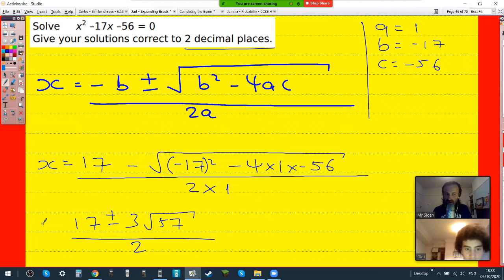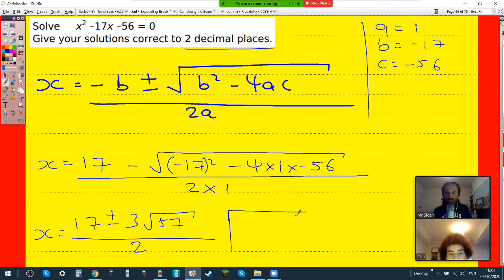The first one was plus. And the second one? It would be minus then. The 17 stays the same. The plus or minus is just before the root. All right, I'll change it. So it should be 17 plus 3 root 57 over 2.